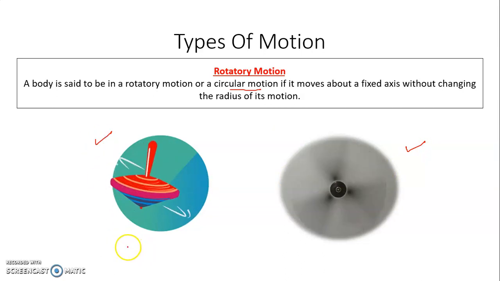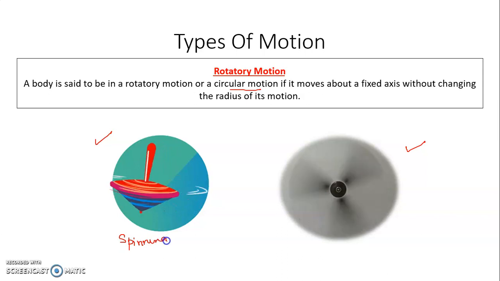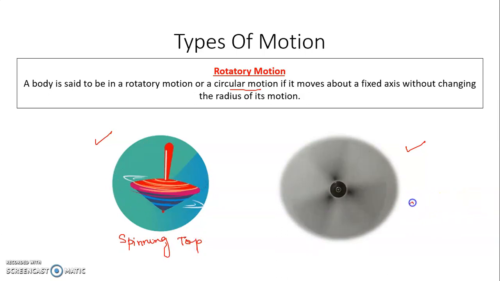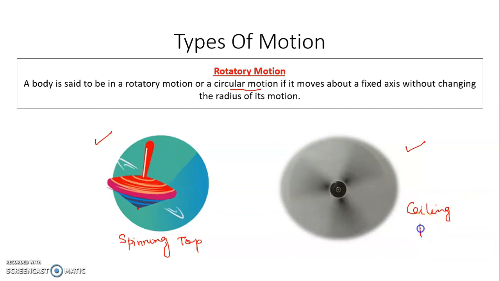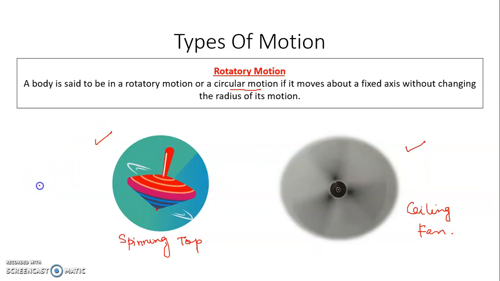So if anybody asks you to give a few examples of rotatory motion, what are you going to give? Spinning top and ceiling fan. Even a table fan is an example of rotatory motion. We can have multiple examples of rotatory motion.